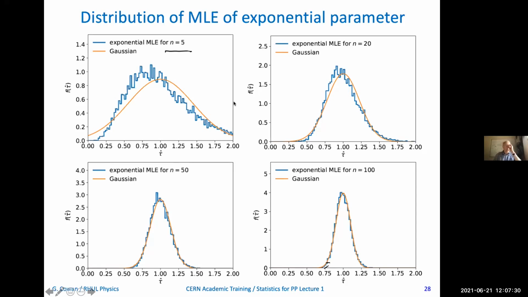Yes, so you can imagine a situation where you might measure some number of quantities for an individual event. For an individual proton-proton collision, you might measure the PT of some of the jets and their directions and energies and so forth.